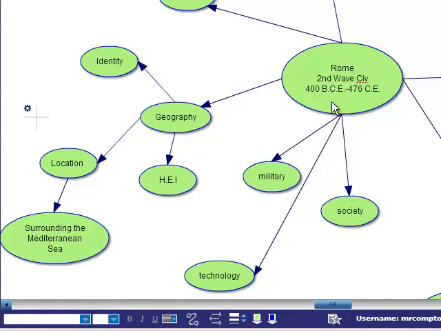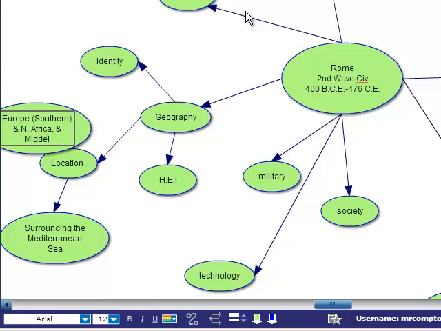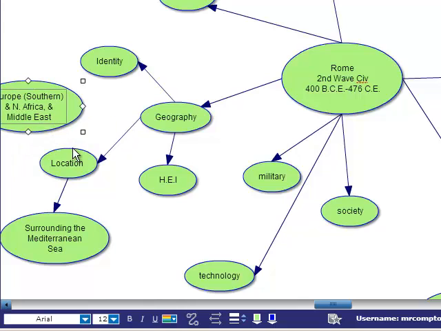Or maybe you also could put Europe, primarily southern Europe, and North Africa, and Middle East at the empire's height.